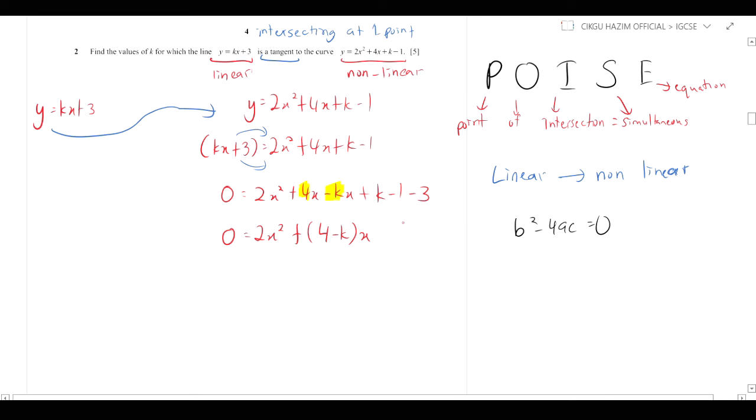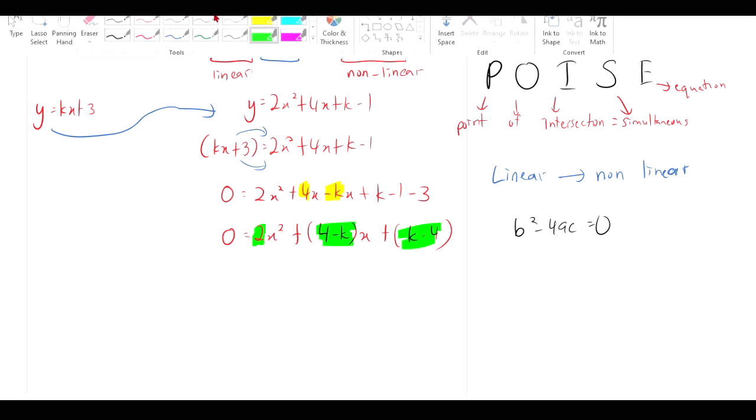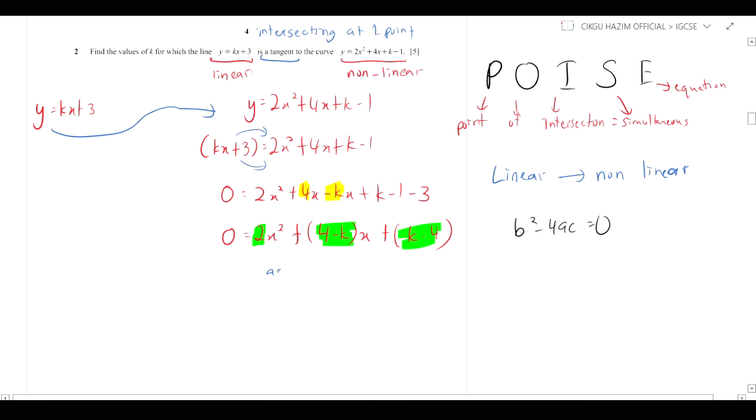Okay, B position. Plus bracket k minus 4, because negative 1 minus 3 equal to negative 4. Okay, so once you have these, you can identify the values of A, B, C. This is the value of A, this is the value of B, and this is the value of C. Okay, identify it. A equal to 2, B equal to 4 minus k, and C equal to k minus 4.